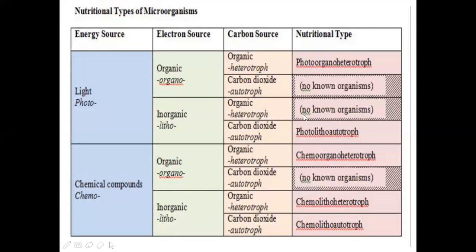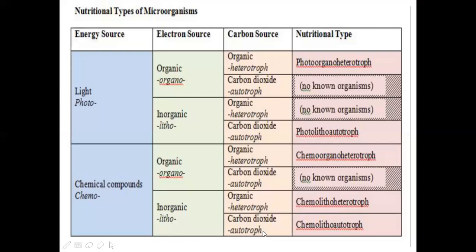Which organisms are there in this category? And the second category is chemo-organoautotroph. But here in this category, there are no known organisms. And the third category is chemolithoheterotroph. There are microorganisms present in this category. And the last one is chemolithoautotroph.